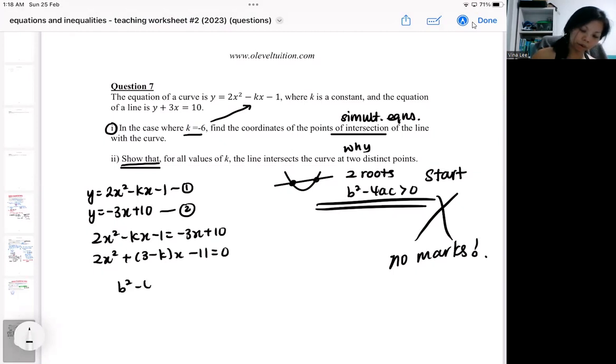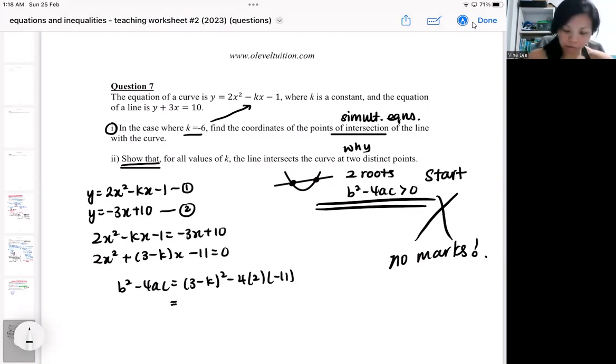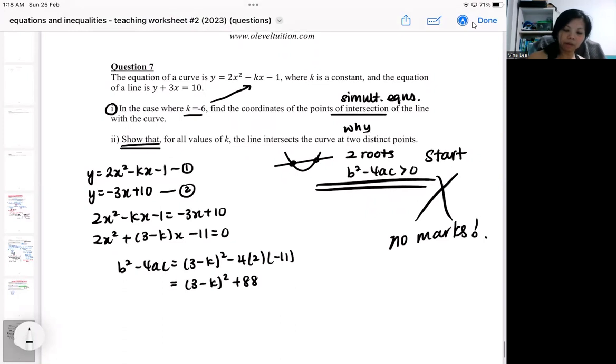Then you work out your discriminant. Let me make sure that I get my discriminant right first. So this is your discriminant. This is how your discriminant looks like.